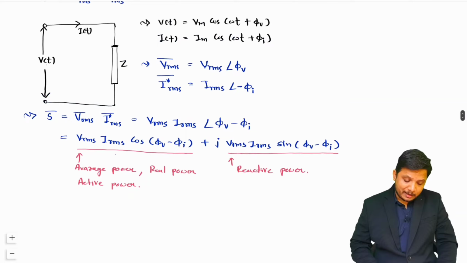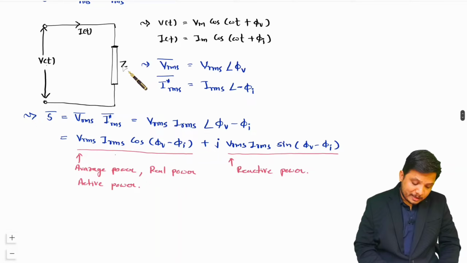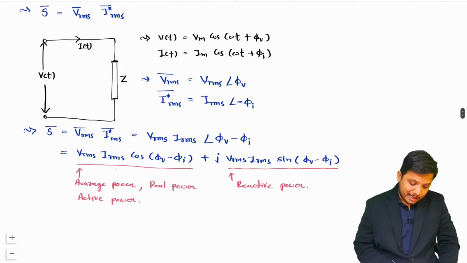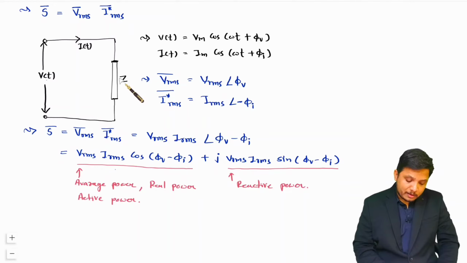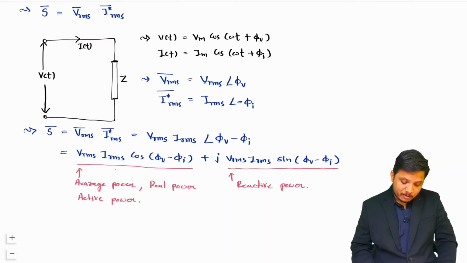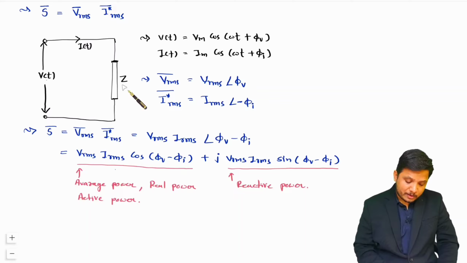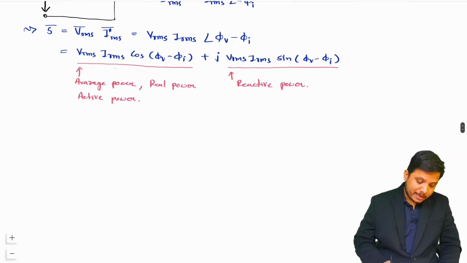To explain that, I have considered this load, and now I'll calculate this complex power in terms of impedance. You will get to know how these formulas are there in terms of resistance and impedance, and in impedance there could be capacitive impedance or inductive impedance. Let us try to understand that here.